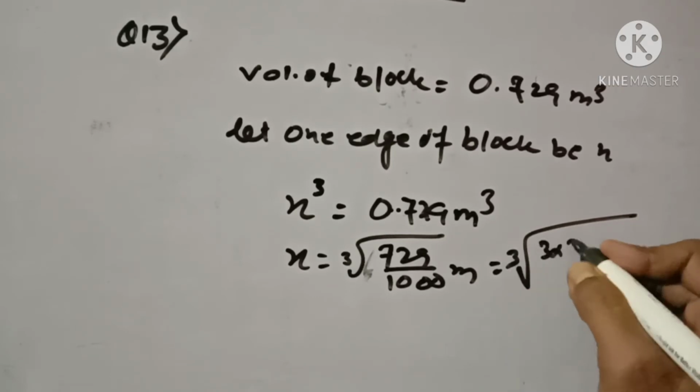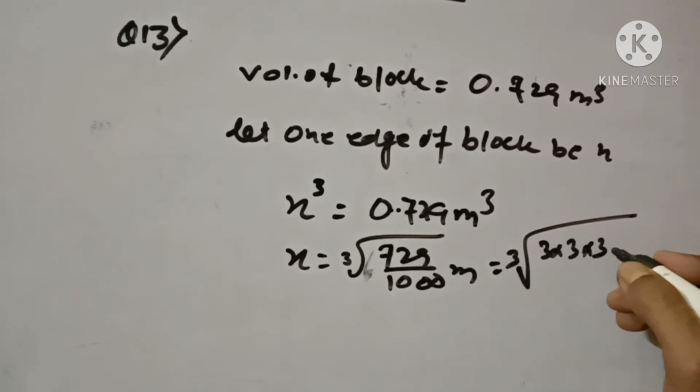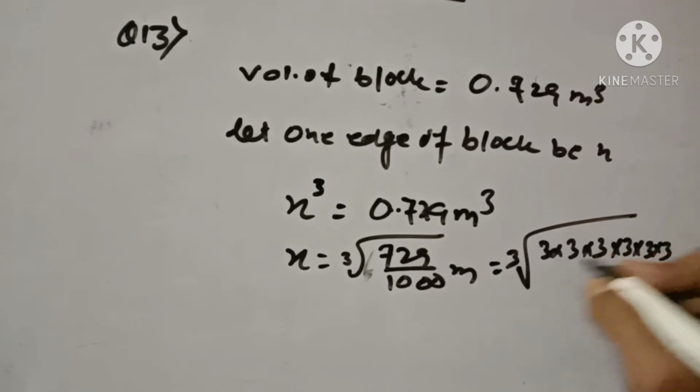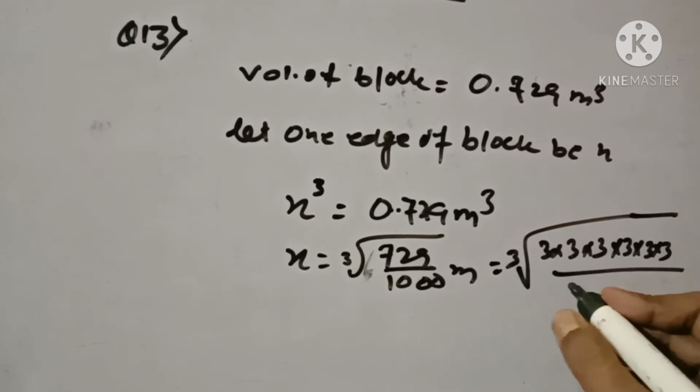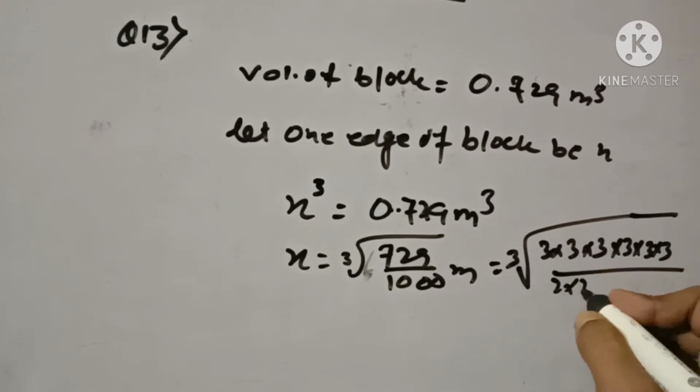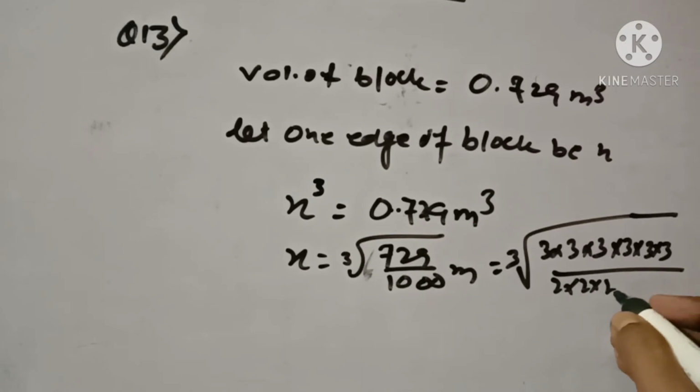So we can write 729 as 3 into 3 into 3 into 3 into 3 into 3. 3 3s are 9, 9 3s are 27, 81, 243, 729. And 1000 will be 2 into 2 into 2 and 5 into 5 into 5, according to the demand of the question.